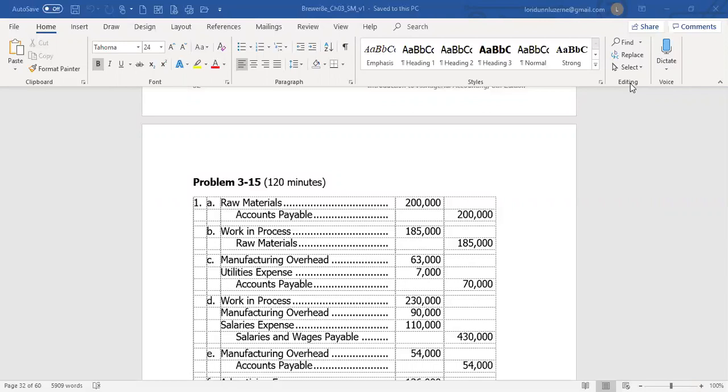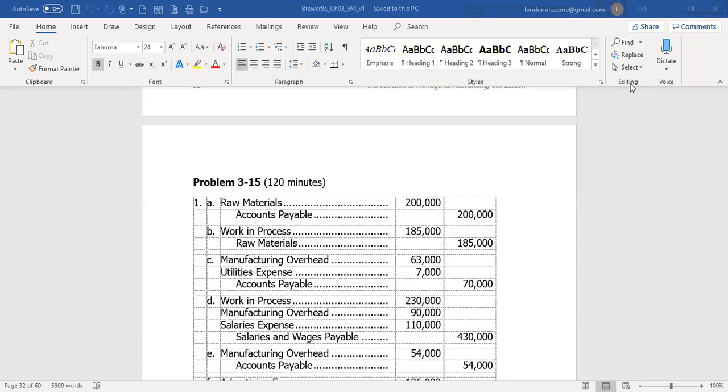Utility bills incurred on account, $70,000. 90% related to factory operations and the remainder related to selling and administrative. So now we're going to debit a manufacturing overhead account, part of our inventory, for 90% of the $70,000 because that's the part that's related to the factory work.